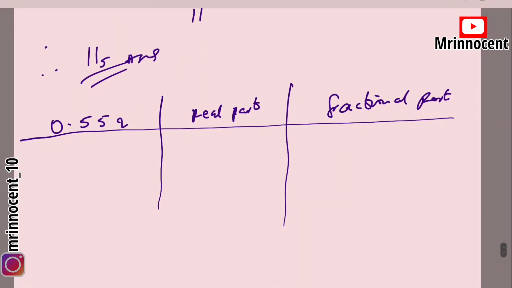So 0.552 multiplied by 5 is 2.76. So you have the real part is 2, and the fractional part is 0.76.